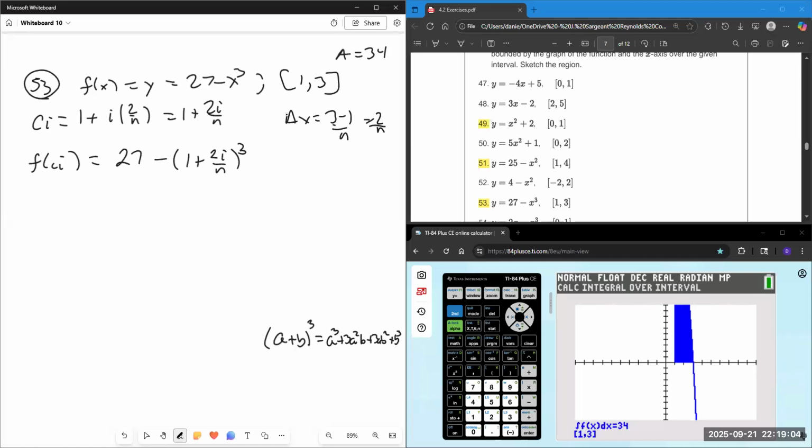So f of Ci is 27 minus, 1 cubed is 1, plus 3 times 1 squared times 2i over n, plus 3 times 1 times 2i over n squared, plus 2i over n cubed.